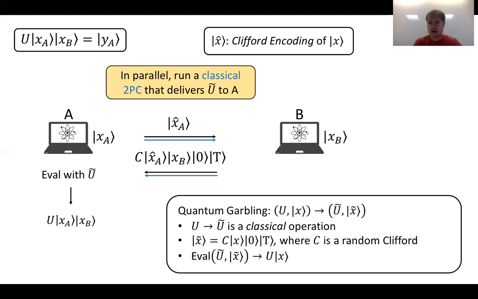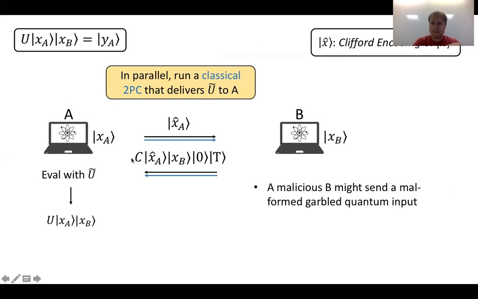There's still one big issue that needs to be taken care of. This classical 2PC is ensuring that U tilde is correctly computed, but what about this garbled input? In particular, a malicious party B might send a malformed garbled input, right? They might not send proper 0 and T states.